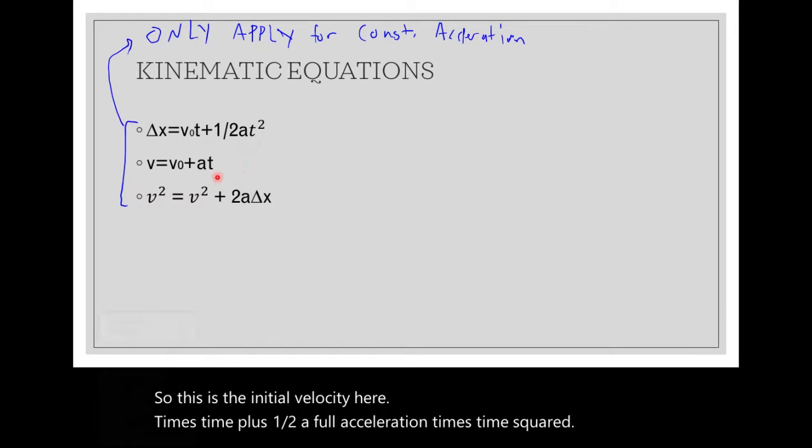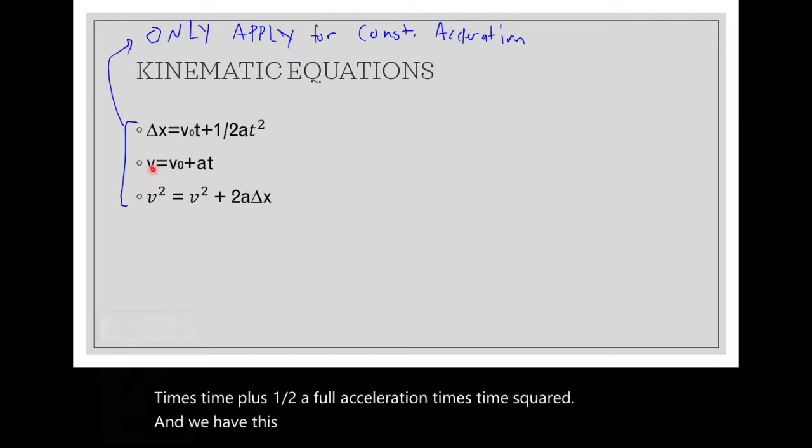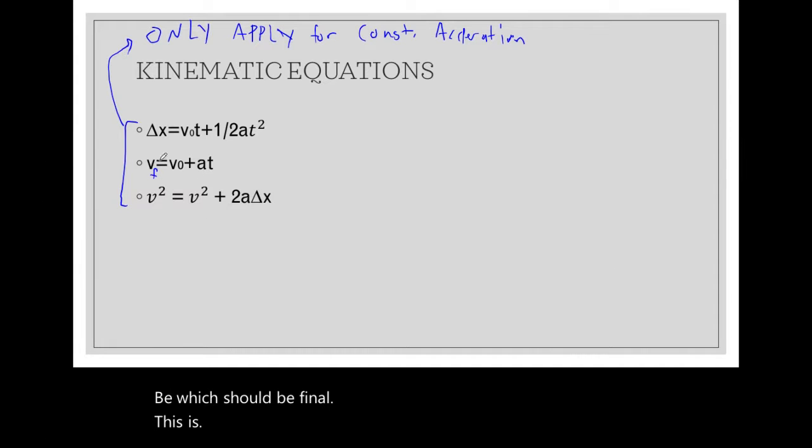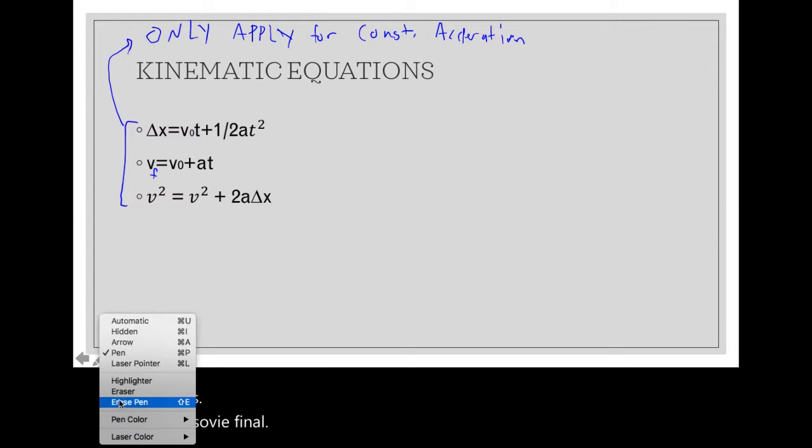Then we have this other equation: v final is equal to v initial plus the acceleration times time.